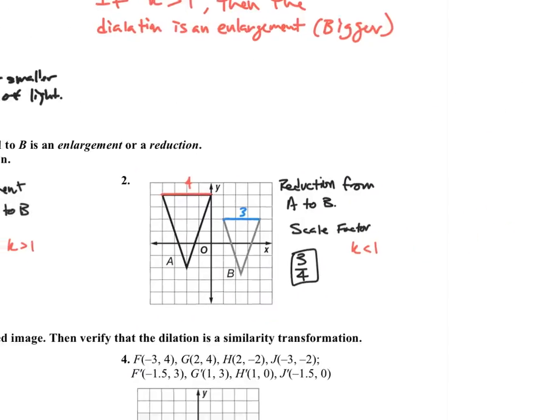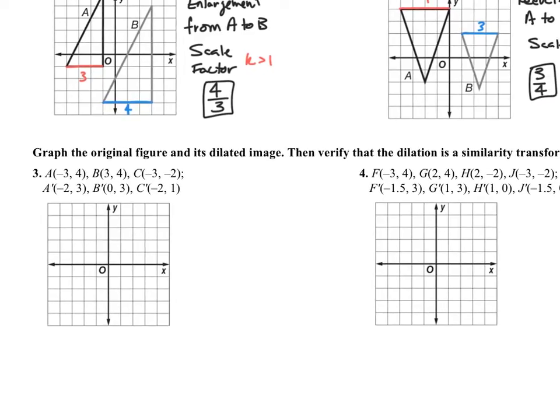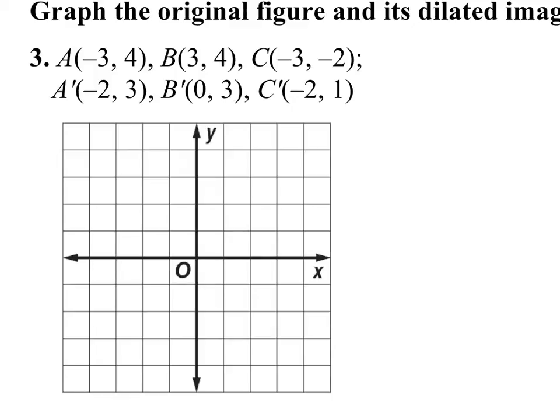Now I want to take a look at parts 3 and 4. I'm going to graph the original figure and the dilated image. Then we have to verify that the dilation is a similarity transformation. I'm going to plot points for A, B, and C. I'm going to do -3, 4, then the point 3, 4, and then the point -3, -2, and connect them with a line.